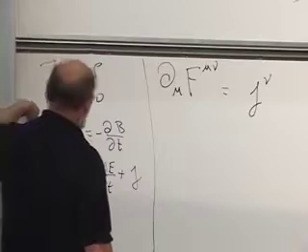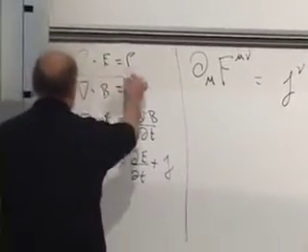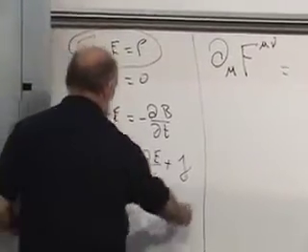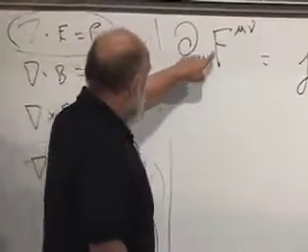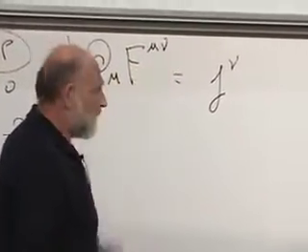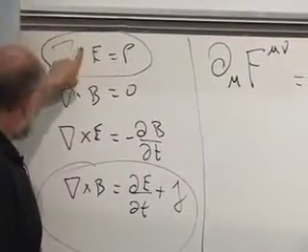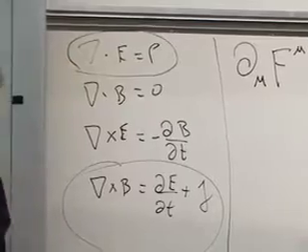Let's see. The ones that are relevant here are the ones with the right-hand side, the ones with current and charge density. There are four equations here for nu, for the four different values of nu. 1, 2, 3, 4. So let's check to see if any of them are the same.